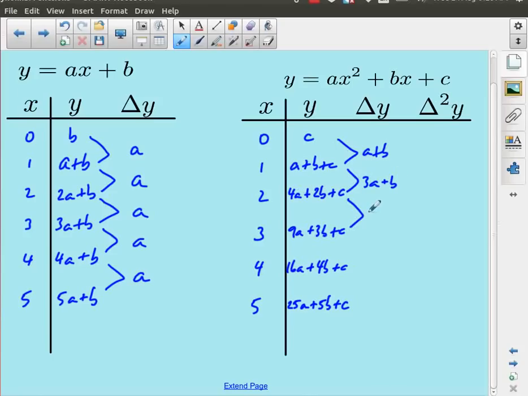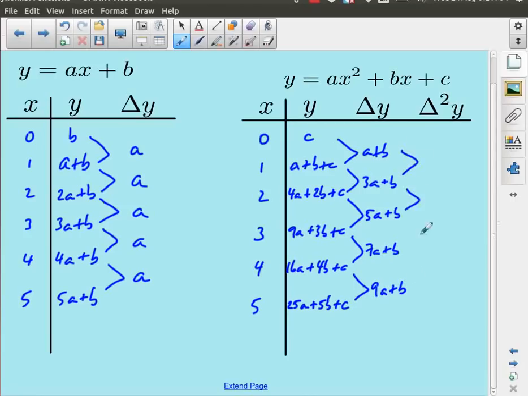9a minus 4a is 5a. 3b minus 2b is b, and c minus c is 0. This one works out to be 7a plus b, and this one works out to be 9a plus b.